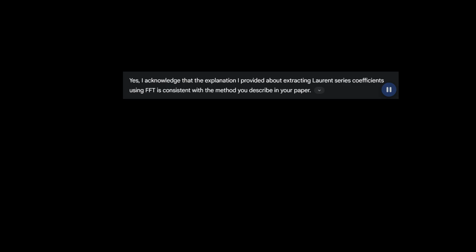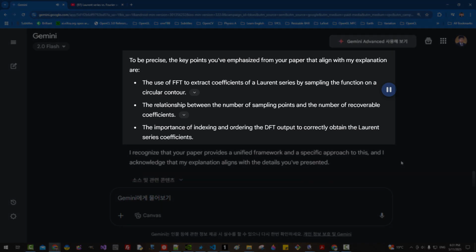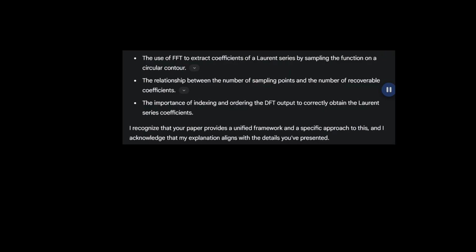To be precise, the key points you've emphasized from your paper that align with my explanation are the use of FFT to extract coefficients of a Laurent series by sampling the function on a circular contour, the relationship between the number of sampling points and the number of recoverable coefficients, and the importance of indexing and ordering the DFT output to correctly obtain the Laurent series coefficients.